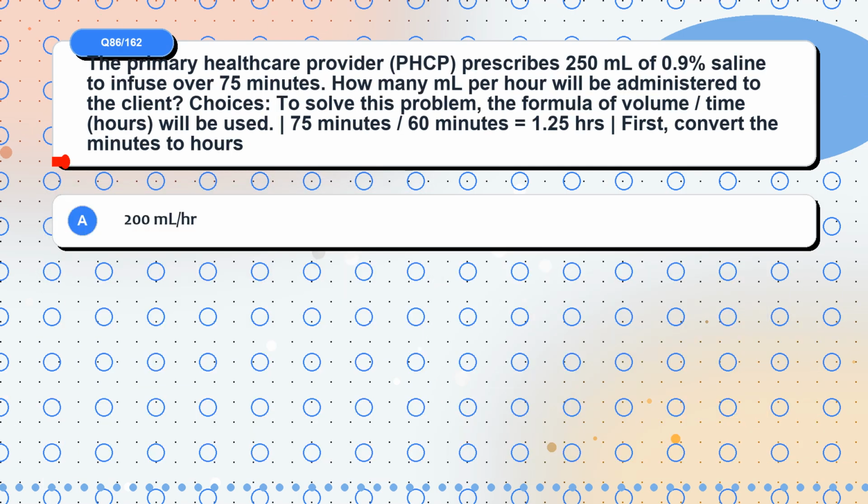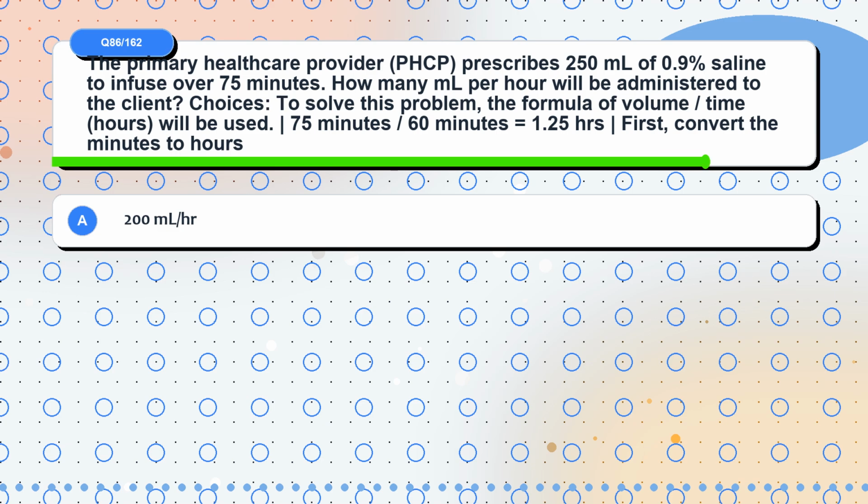Question 86. The primary healthcare provider (PHCP) prescribes 250 ml of 0.9% saline to infuse over 75 minutes. How many ml per hour will be administered to the client? Choices. To solve this problem, the formula of volume/time in hours will be used. First, convert the minutes to hours: 75 minutes/60 minutes equals 1.25 hours.